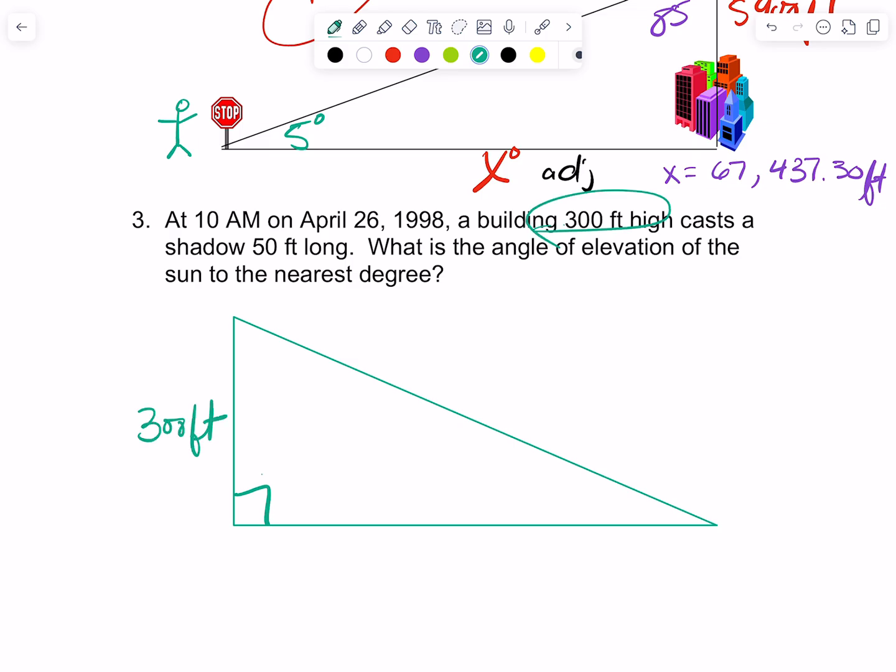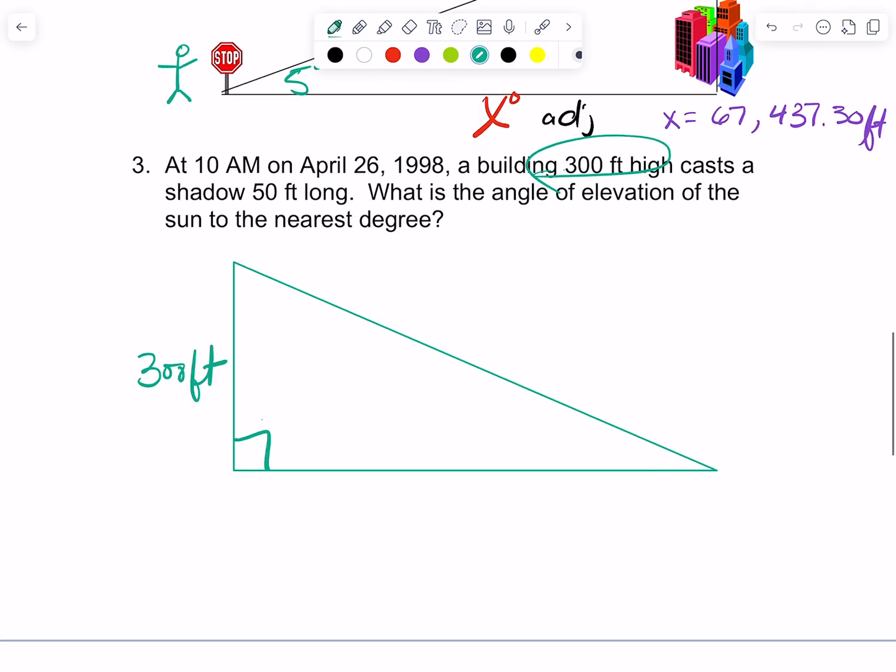Remember, the key to these problems is labeling it right. The shadow is 50 feet long, horizontal or hypotenuse? Shadows are always typically horizontal. This is 50 feet. Because shadows will be on the floor, typically.